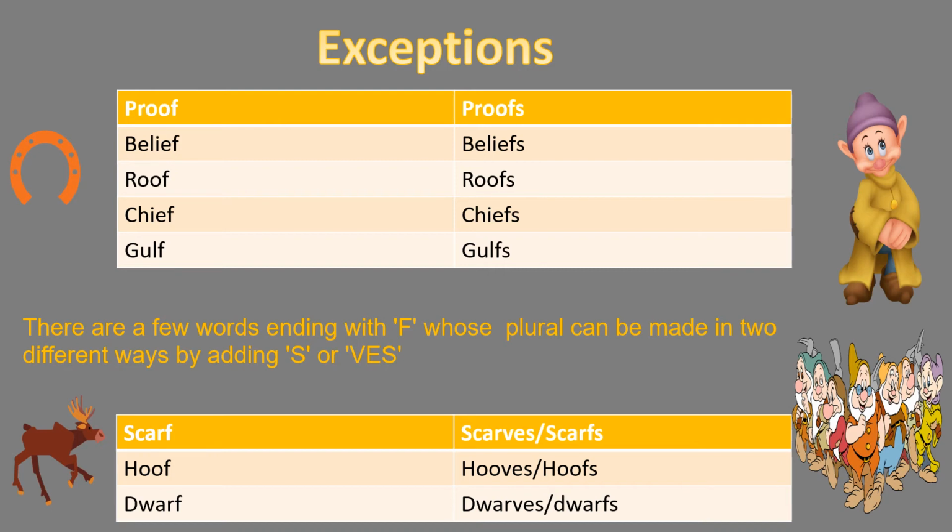Then hoof: add s and make it hoofs. Then dwarf: add s after f and make it dwarfs. Or you can just drop the f and add ves and make it scarf, scarves; hoof, hooves; dwarf, dwarves.